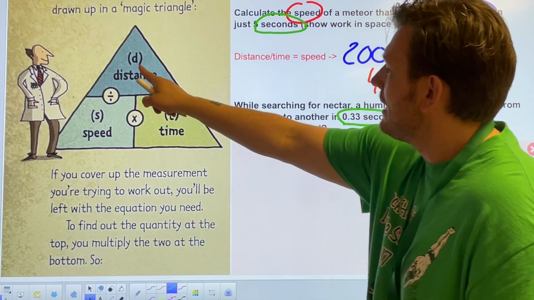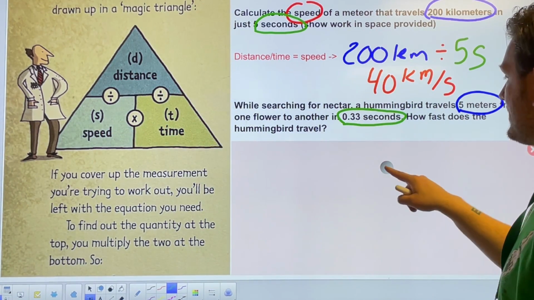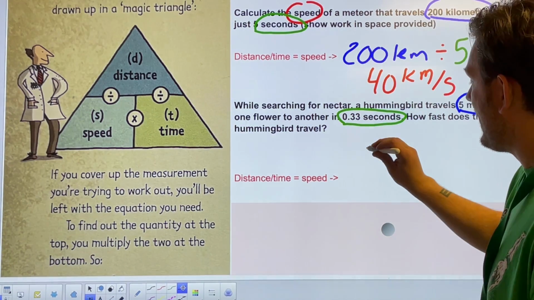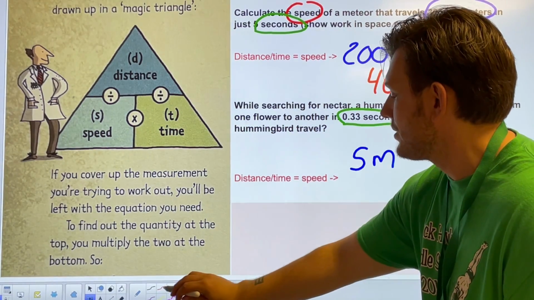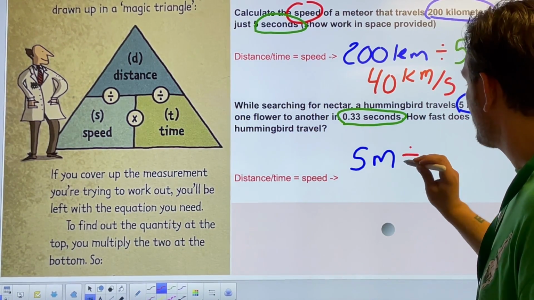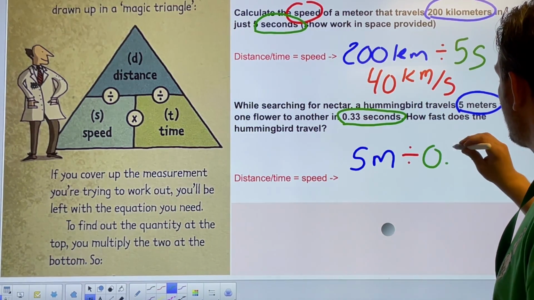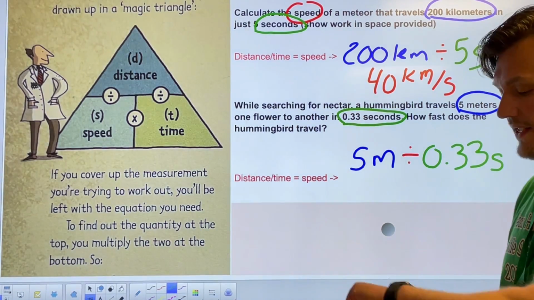And what do we say? It says distance divided by time will give me the speed. So I have the distance of 5 meters, okay? I will write that out. 5 meters, and it says divided by time. So I'm gonna divide that, because I have to follow the formula, by the time of 0.33 seconds. And I put the S for seconds on there as well.